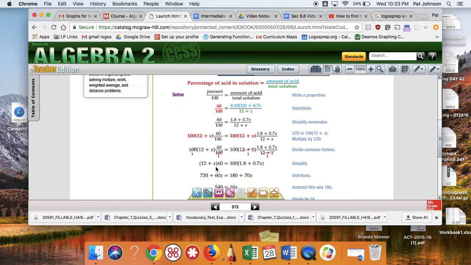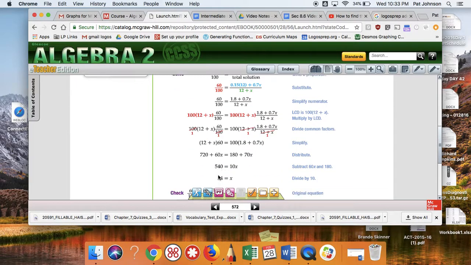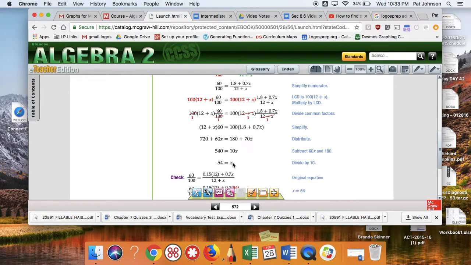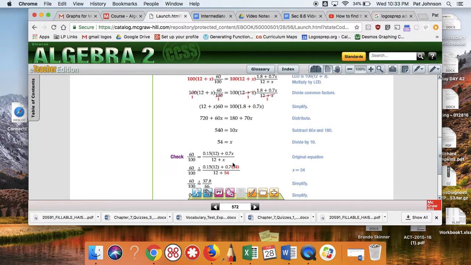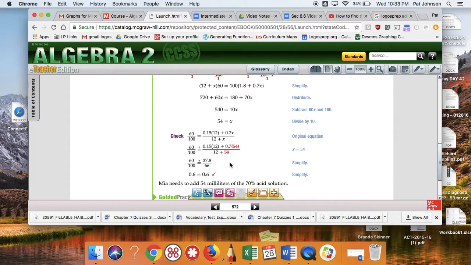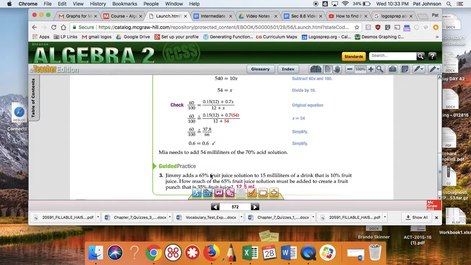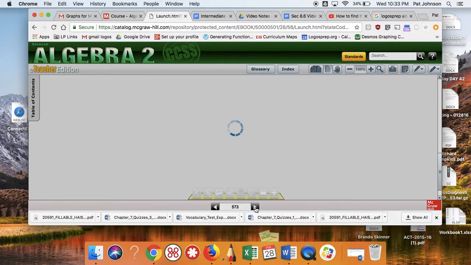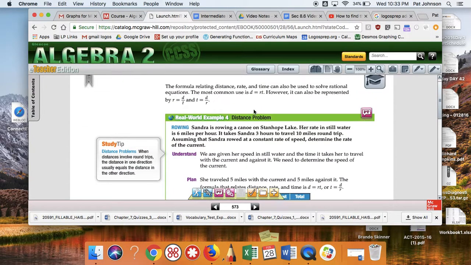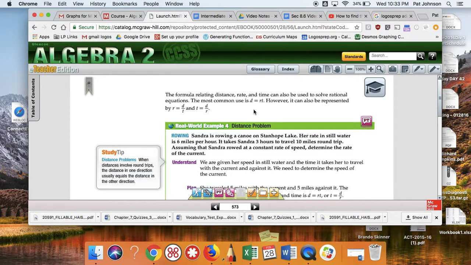We end up with this equation here. We must simplify, so we have to distribute. I'm just using plain algebra, and we get X equals 54 milliliters. So how do we check that? Well, we put it back into our original equation, and guess what? 0.6 equals 0.6.